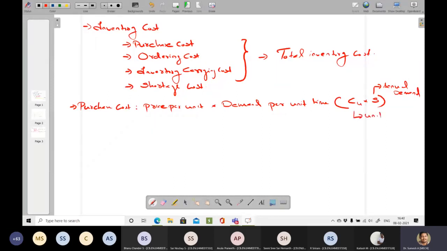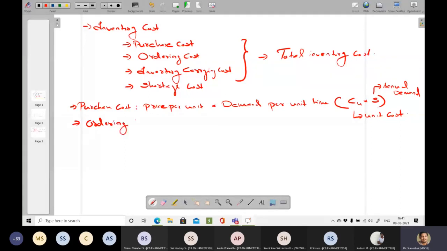Now what is this ordering cost? Ordering cost involves the cost of receiving quotations, processing purchase requisitions, receiving materials and processing them, following up and expediting purchase orders, processing the seller's invoice, etc. All these things put together, we call it ordering cost, the cost involved in placing an order.